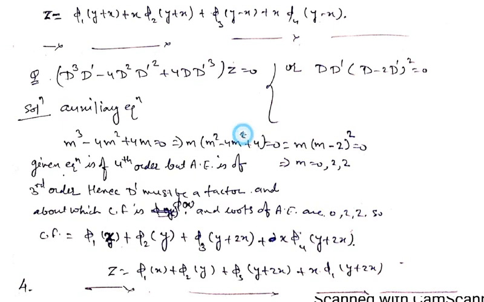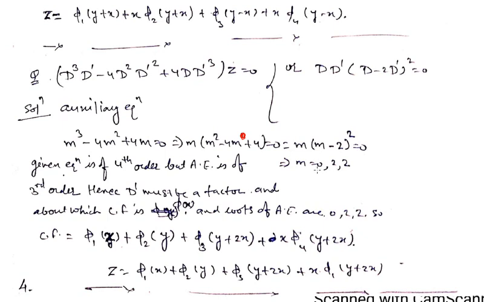This is 4m only, not square, because taking m outside, here the remaining term is m², here the remaining term is m, and here without m. So m and (m² − 4m + 4) are the two factors of this equation. Or we can write it as m(m − 2)² = 0. And the roots of this auxiliary equation are 0, 2 and 2. 2 is a repeated factor.